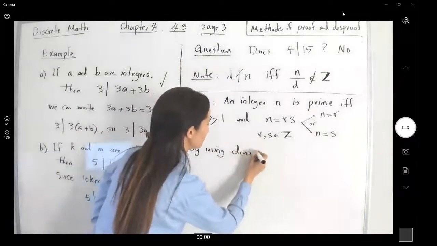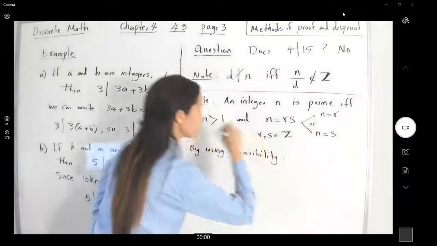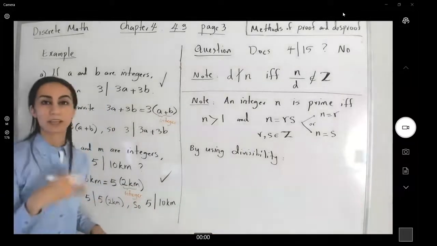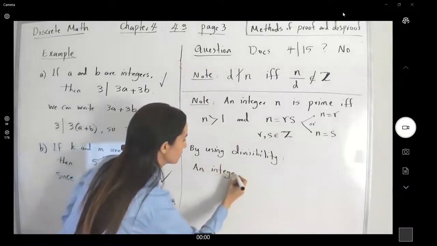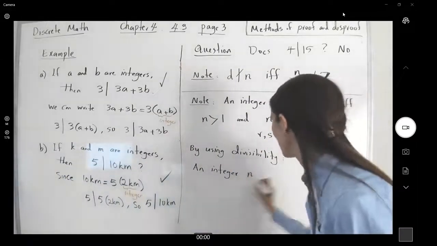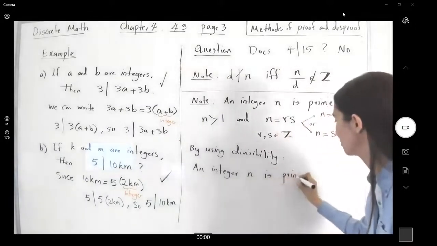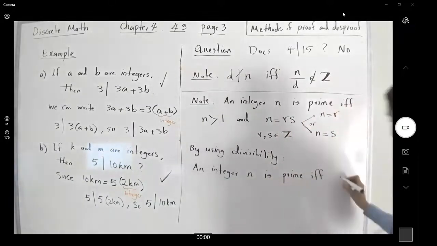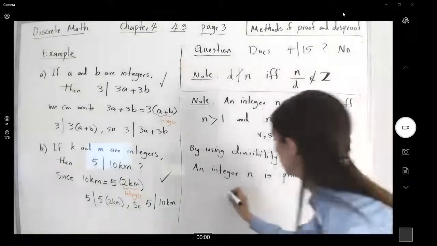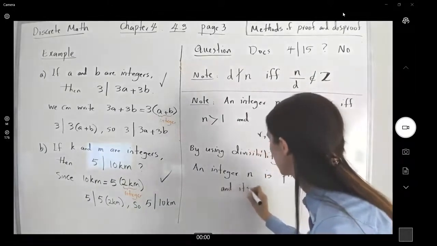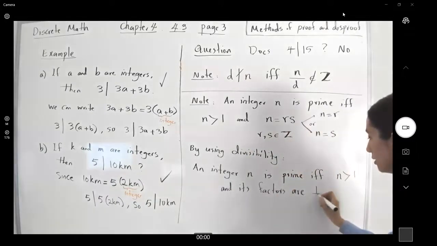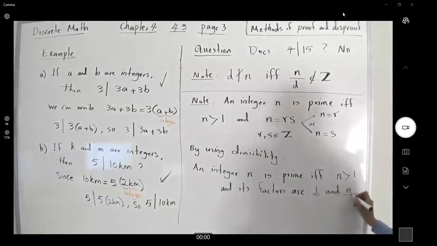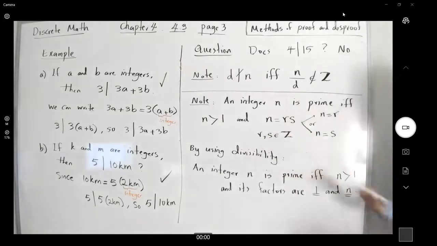We say that an integer n is prime if and only if n is greater than 1 and its factors are 1 and n. Alternate way to define a prime number.